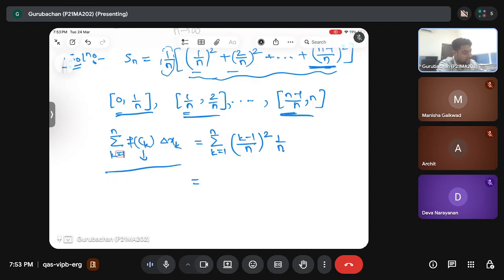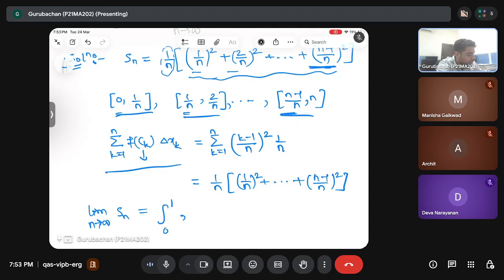If you will explicitly write it, this will be nothing but 1 by n into 1 by n square, because the first term will be 0, so I am ignoring that, up to n minus 1 by n whole square. So anyway, limit n tends to infinity, Sn is nothing but the integration from 0 to 1 of x square dx. Am I right?